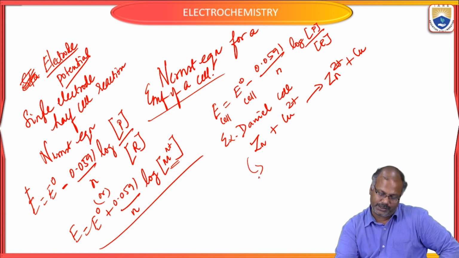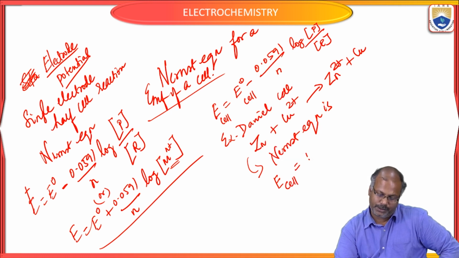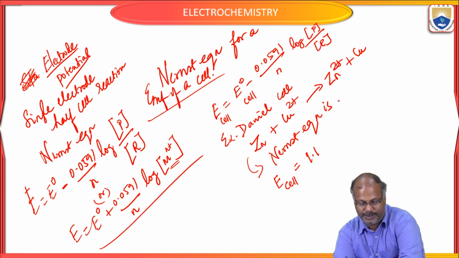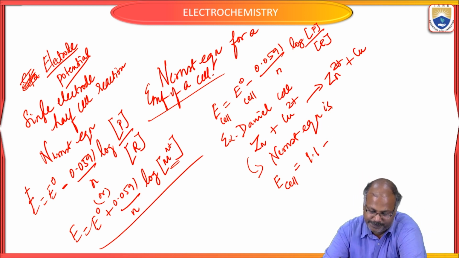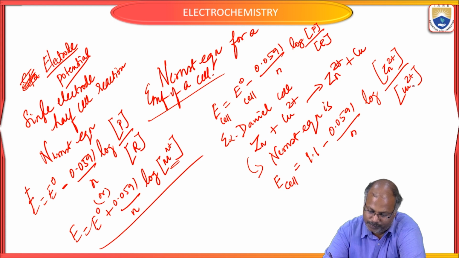Now for this, the Nernst equation is: EMF of the cell is equal to 1.1 volt, the Daniell cell EMF, minus 0.0591 by n logarithmic concentration of Zn2+ divided by Cu2+.